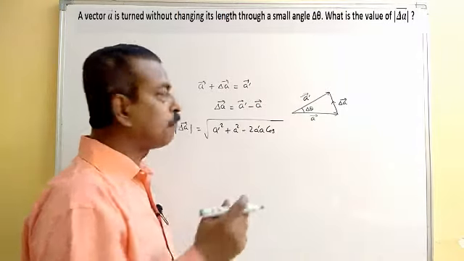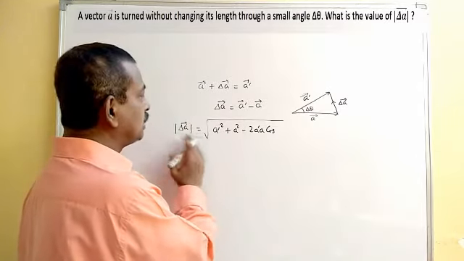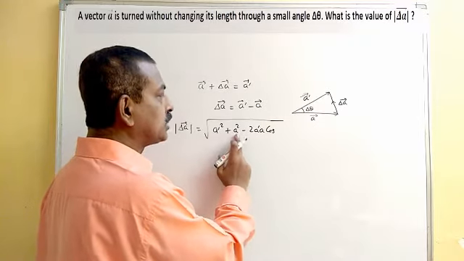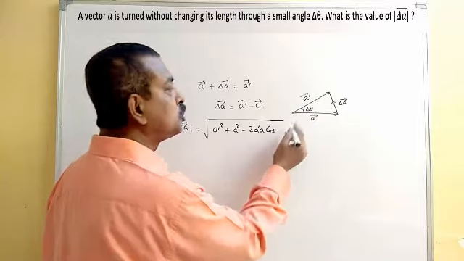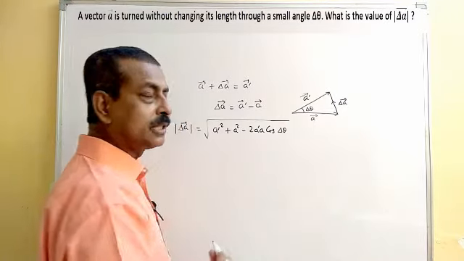If you simply apply the formula for vector difference, then delta A vector in magnitude will be given as the square root of A dash square plus A square minus 2 A dash A cos of the angle between the two. The angle is delta theta, so it is cos delta theta.